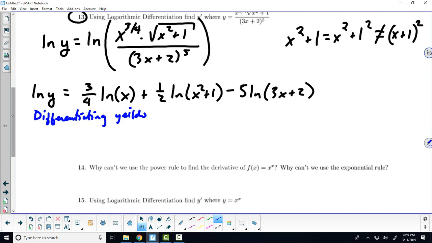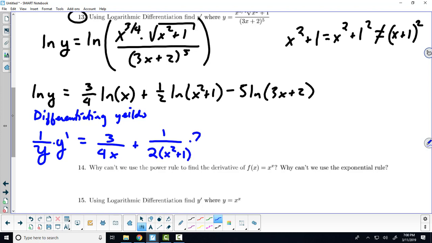Okay? So, differentiating implicitly gives me, what is the derivative of the natural log of y? 1 over y times y prime, by that chain rule for implicit differentiation. Okay? That equals 3 over 4x plus 1 over 2 times x squared plus 1 times 2x minus 5 over 3x plus 2 times 3.